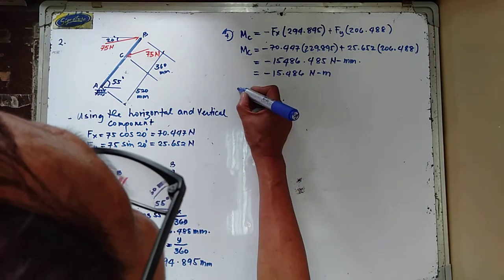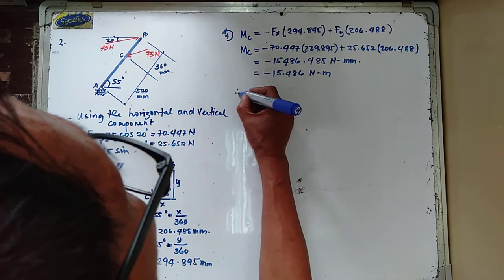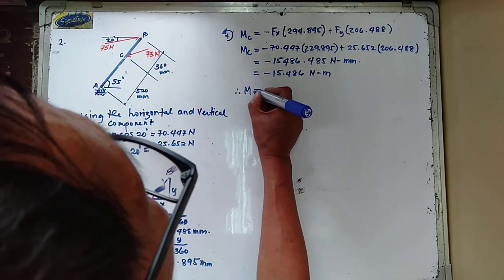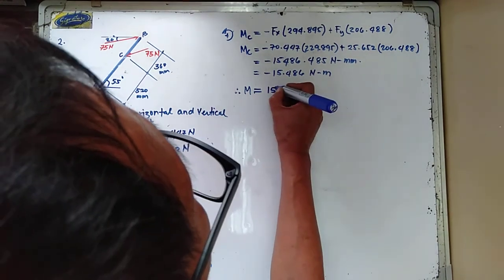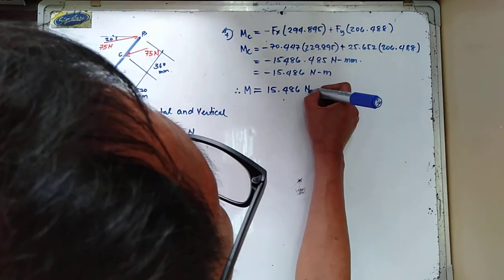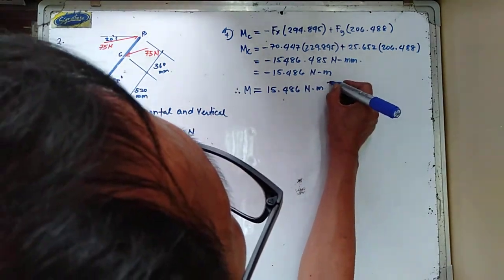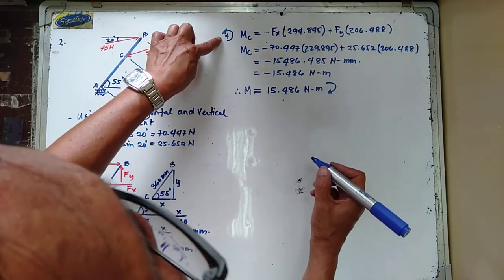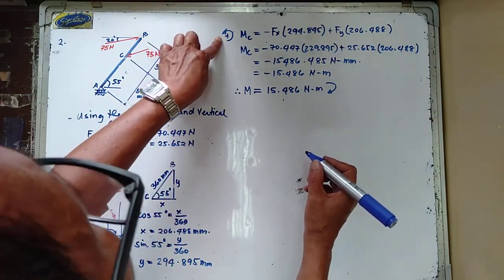Therefore, the moment produced by the couple is equal to 15.486 Newton meter, and this is clockwise because we assumed counterclockwise moment in here as positive.